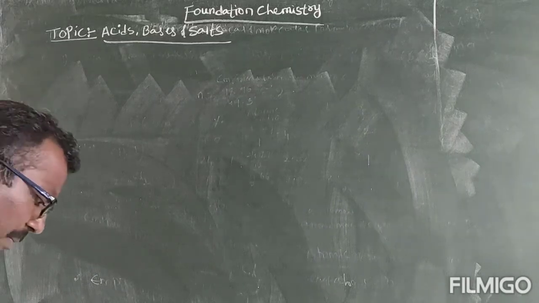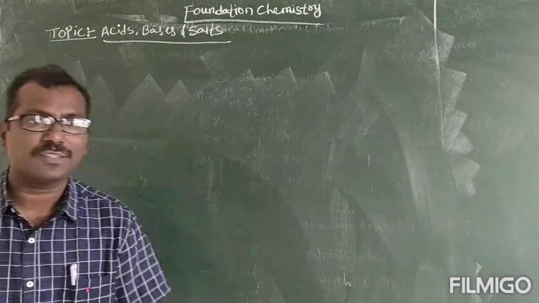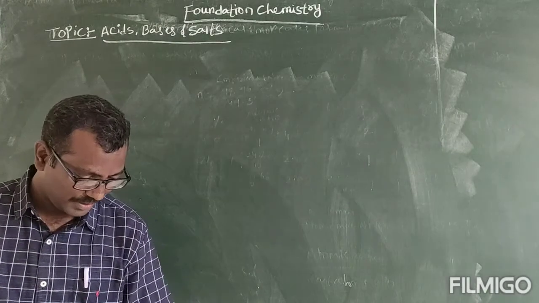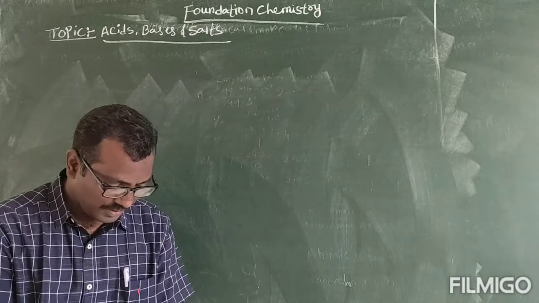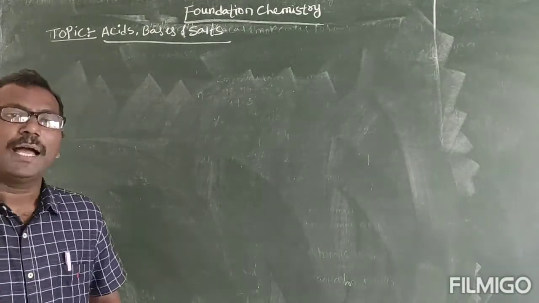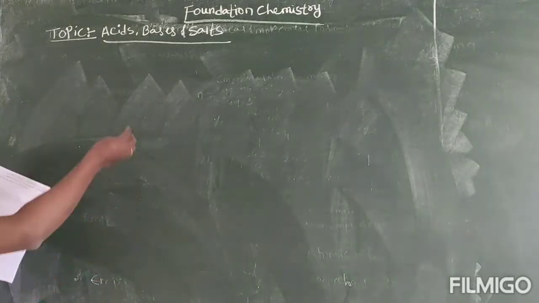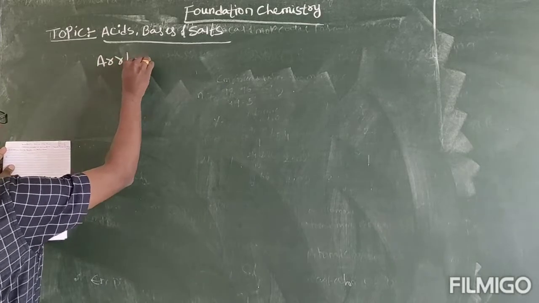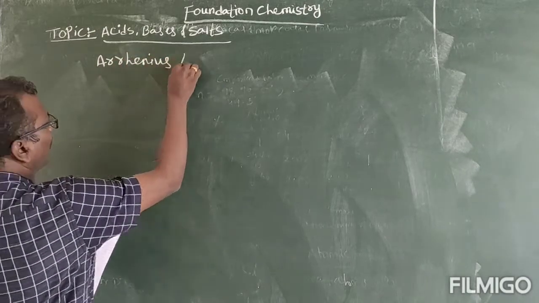Okay, in the previous discussions we covered what is an acid and the basic fundamentals of bases. Now we will be seeing the various theories related to acids and bases. First we have the Arrhenius theory of acids and bases.